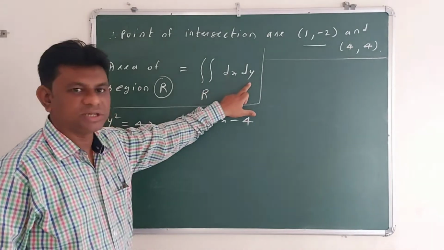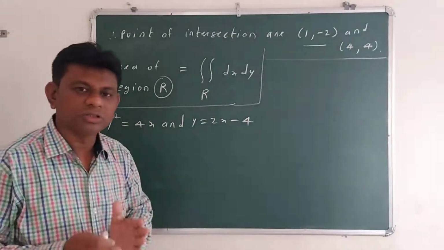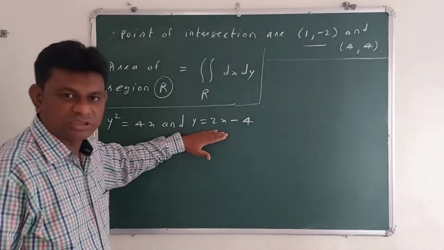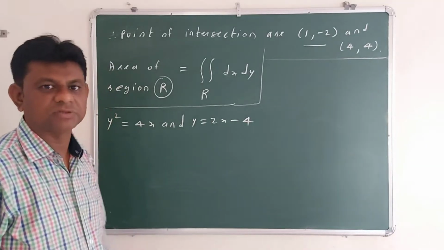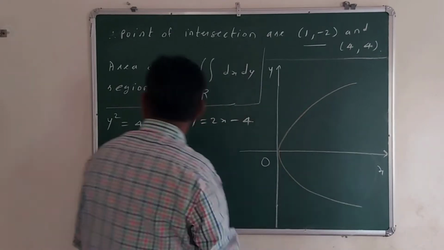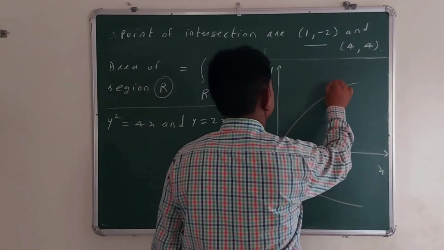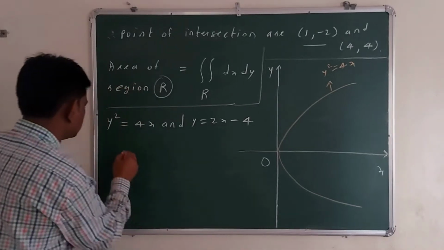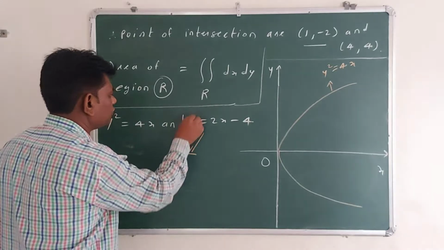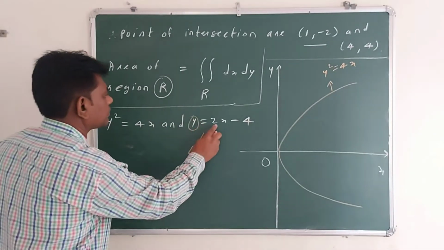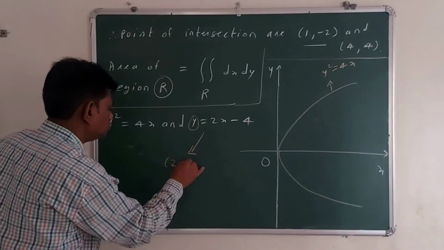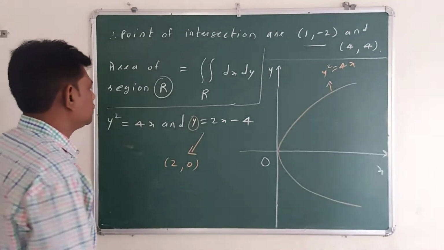Now we draw the region R by using this parabola and the line y equal to 2 times x minus 4. This is the parabola y square is equal to 4x. Now the line y is equal to 2 times x minus 4. By substituting y equal to 0, we get x equal to 4 by 2, that is 2, so the point (2, 0).